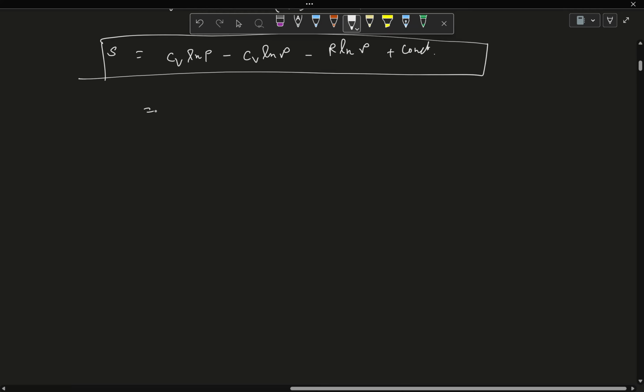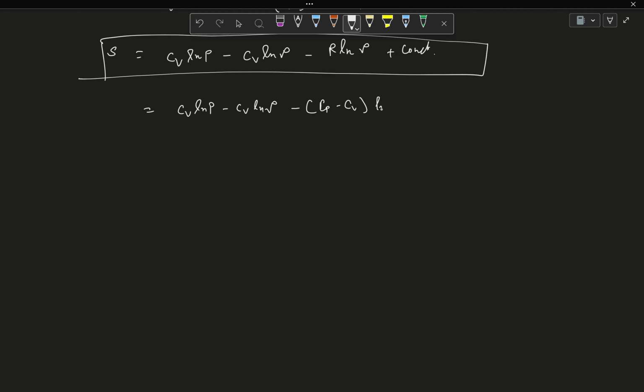So now you have Cv ln P minus Cv ln rho minus R, or rather you can take Cv plus R together and take ln rho common, plus constant.